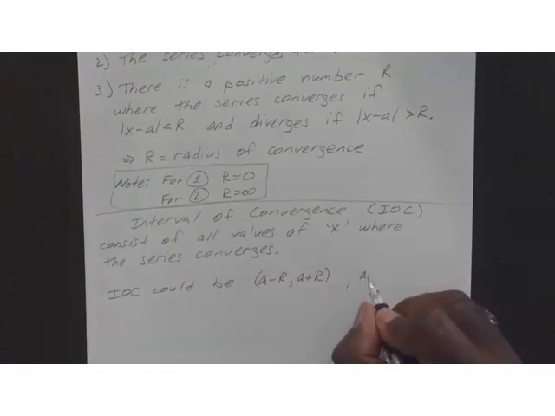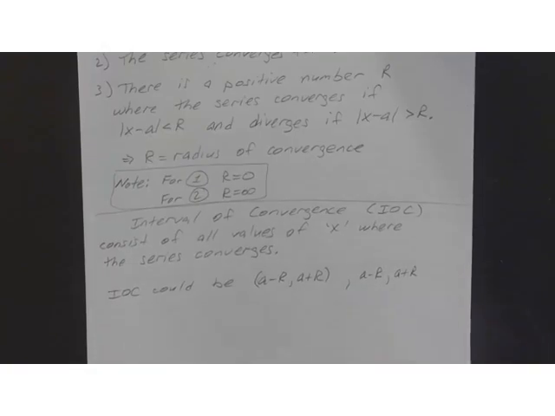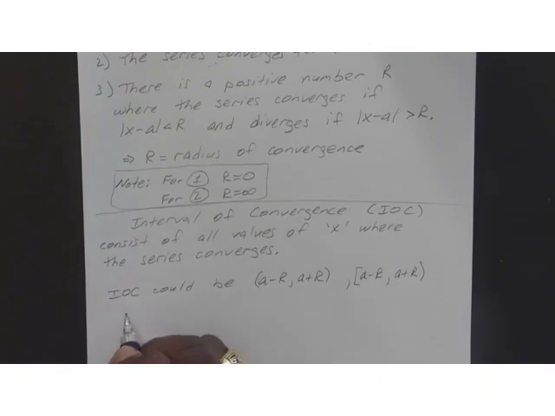Or it could be a minus the radius to a plus the radius, where the left endpoint is part of your convergence, but the right endpoint isn't. Or it could be the other way around.